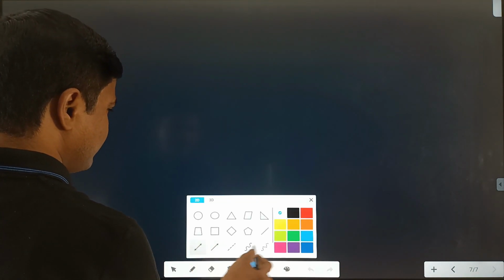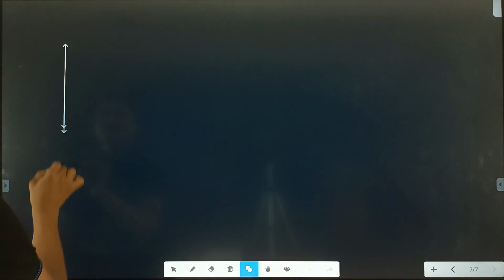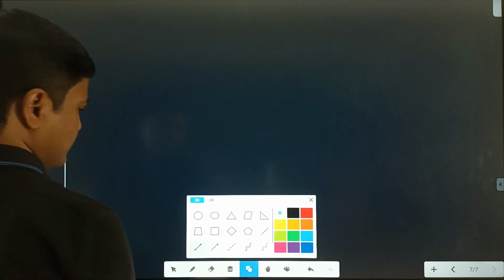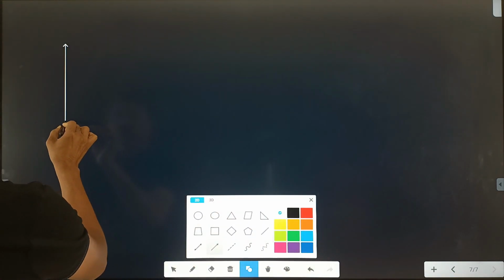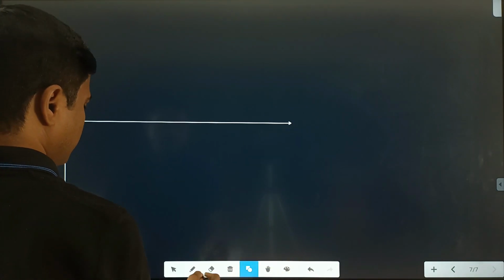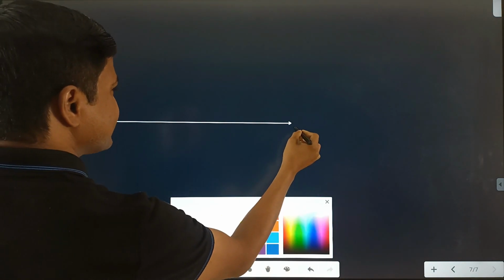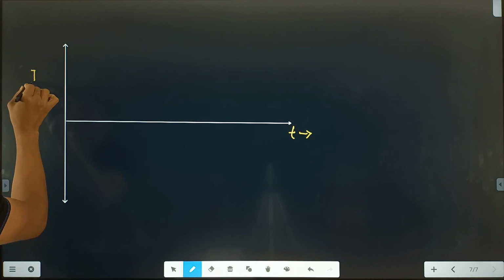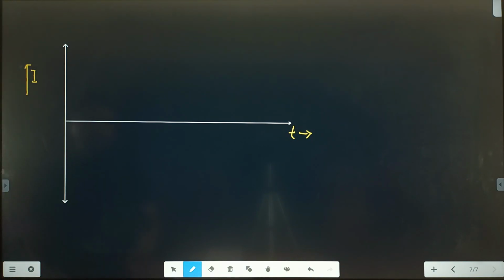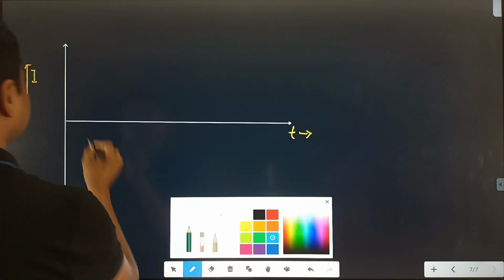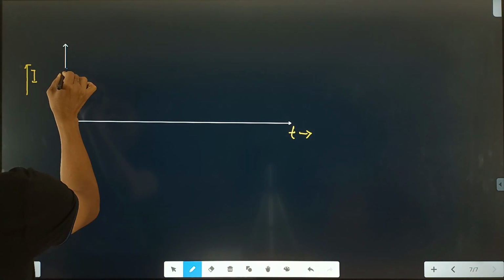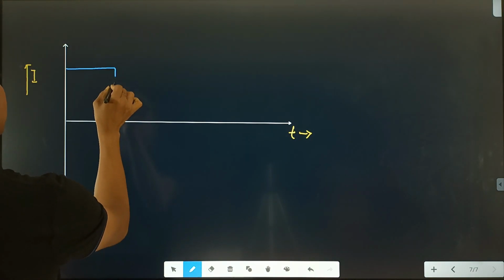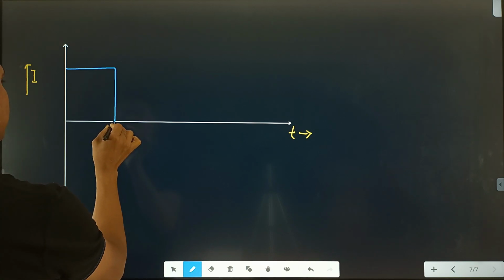We draw another type, the second type, that is a square wave. Here also the same thing. On the x-axis we take time t. On the y-axis we take the current I. And for the square wave, this is the positive side.